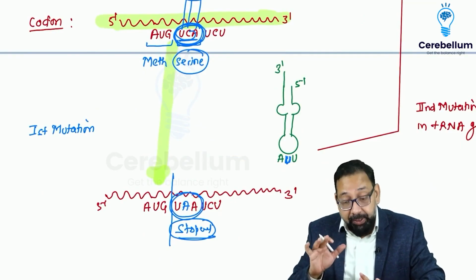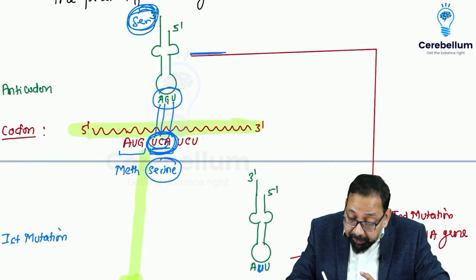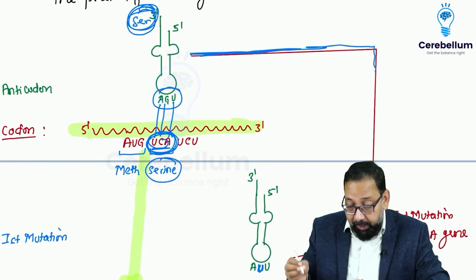So now what nature or the body did was a mutation in this transfer RNA. A second mutation occurs in the transfer RNA gene.